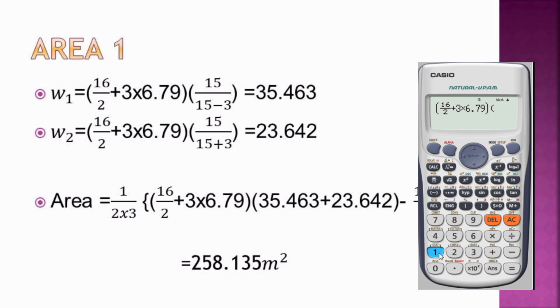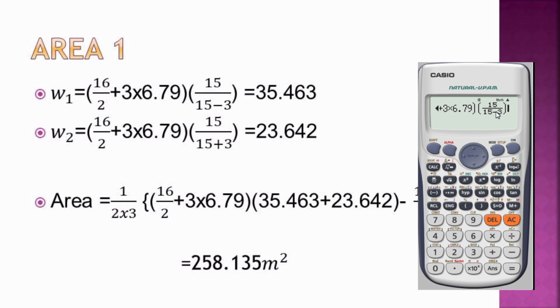We close the bracket. Then we multiply 15 over 15 minus 3. We close our bracket, getting our answer 35.463. For W2 the same is done, but on our last side there, that is k over k plus m, so we change that sign to addition.